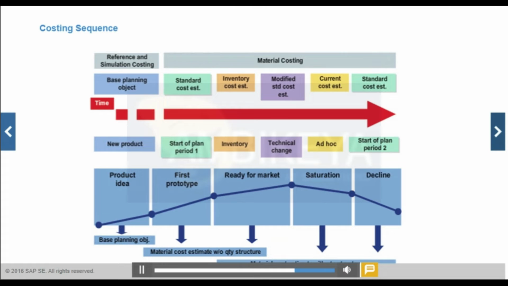Saturation stage and decline stage. When the complete master data, including BOM and routing, is available in the system, you can create a material cost estimate with a quantity structure which automatically calculates the cost of goods manufactured and the cost of goods sold from existing data in logistics, such as BOM and routing.